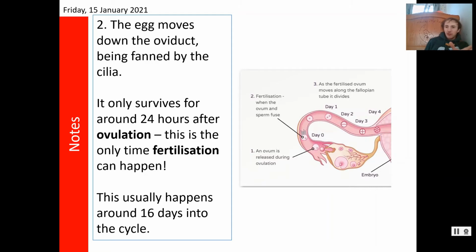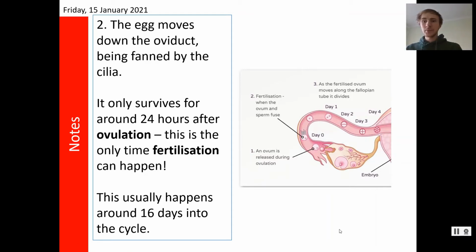Sperm can't get into the ovary, otherwise it'd be horrible. You'd have thousands of babies. But no, you have to wait for it to be released, and it has to be alive. So you've got that period between it being released and it being dead, and that's about 24 hours to 48 hours. And it usually happens that it dies around 16 days into an average cycle. Of course, and I keep repeating this, that is very changeable.